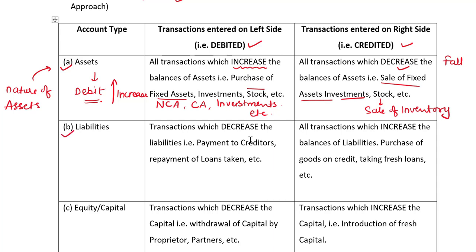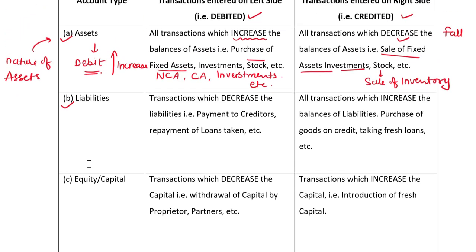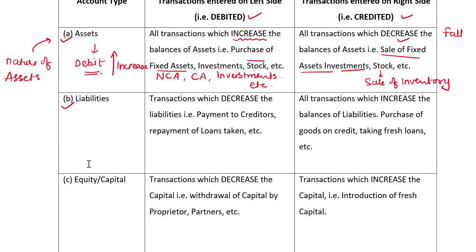Okay, so let's begin with the second point, that is B, liabilities. If I talk about the nature of liabilities, my dear students, the nature of liability is credit. That means when there is an increase in liability, it should be credited, and when there is a decrease in liability, it should be debited. So if we want to debit the liabilities, the transactions would decrease the liabilities.